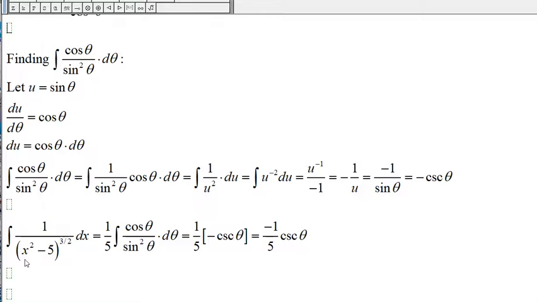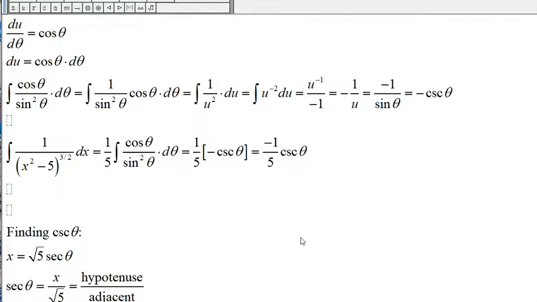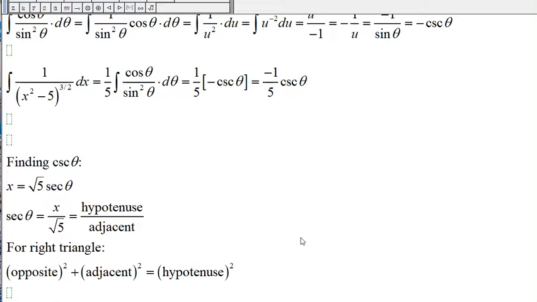The original integral was in terms of x, so we need to write cosecant of theta in terms of x. Earlier we have x is equal to the square root of 5 times secant of theta. Divide both sides by the square root of 5.